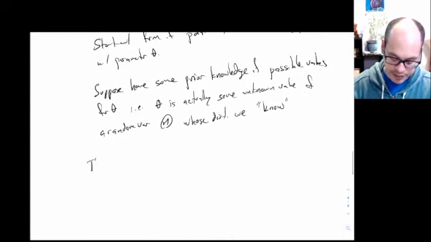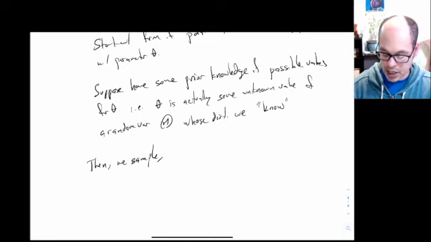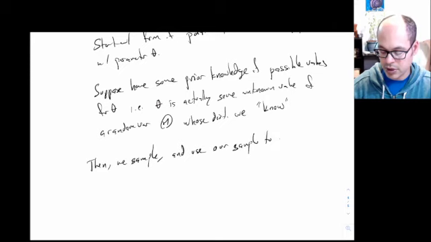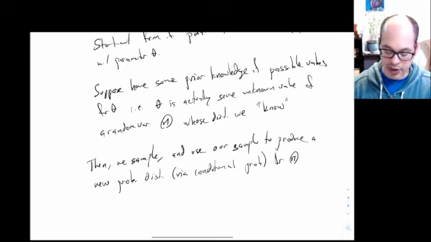So then we sample and use our measurements to produce a new probability distribution via conditional probability for our parameter theta.